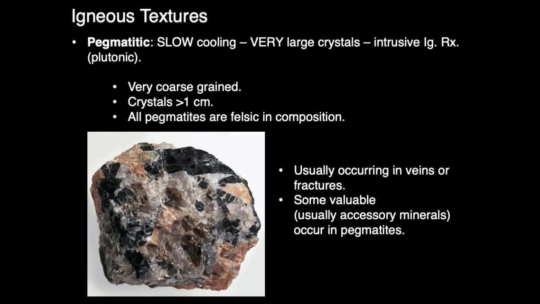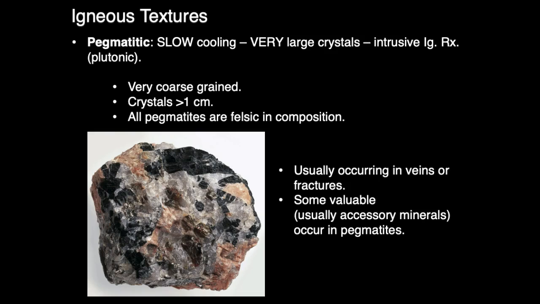All pegmatites are felsic in composition, and they usually occur as veins, which are mineralized spaces where there used to be empty fracture space, but now have been mineralized with the different elements that cooled and crystallized within those spaces.